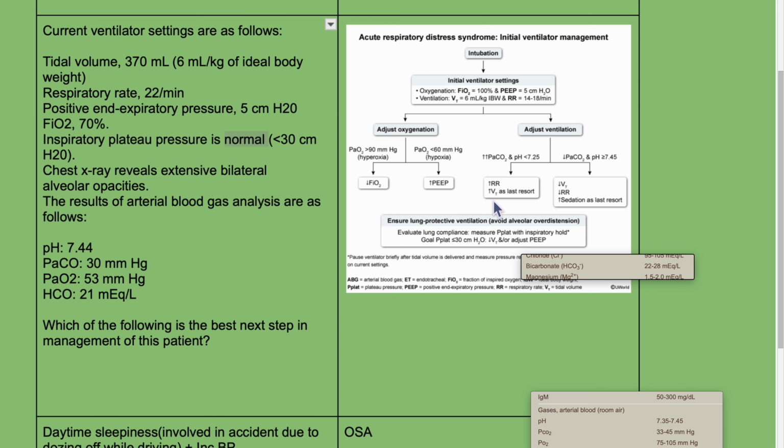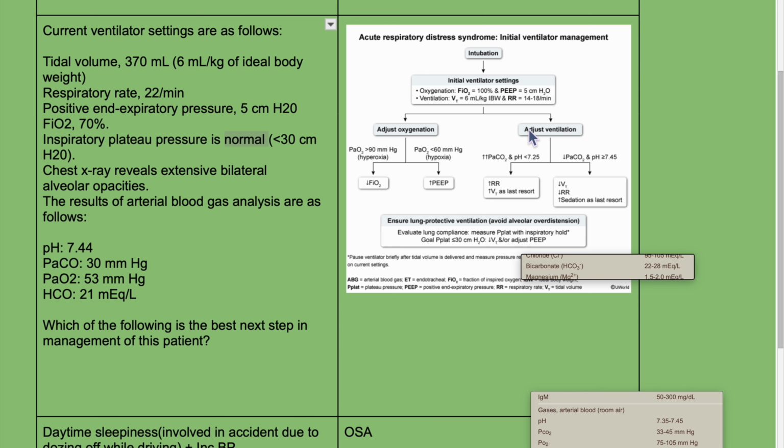Over time they adjusted, and this is where they ended up. Now, if you adjust oxygenation, when do you do it? If PaO2 is more than 90, which it is not, you would decrease the FiO2. If it is less than 60, which it is, you are going to increase PEEP.